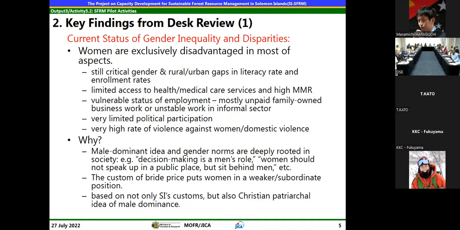At the family level there is balance, but at the communal level, the communities we surveyed said decision making at the household level is shared by mommy and daddy. Then there is the blood price, and blood price can also affect the position of women in the community.